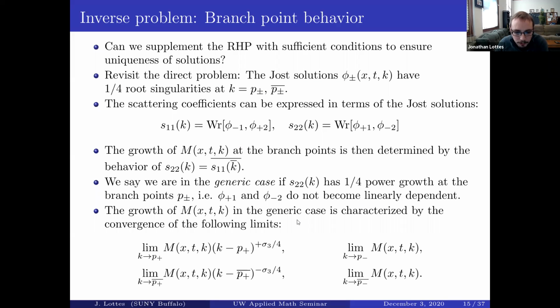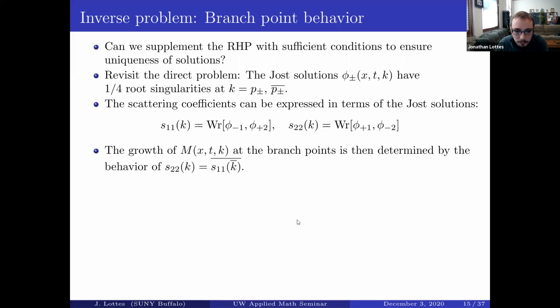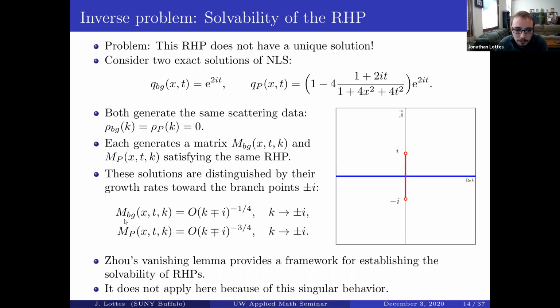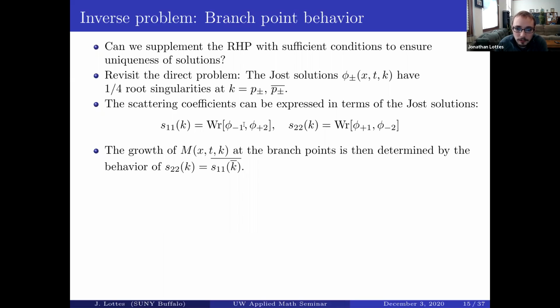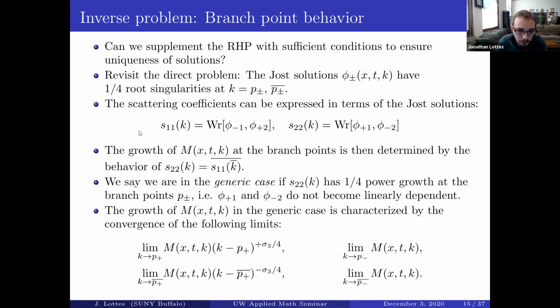And I'll just clarify real quick, back to the distinction between our background solution and the Peregrine solution, that's exactly what's going on here. In the background solution, the scattering coefficient does have the generic case 1/4 power blow up at the branch point, whereas in the Peregrine solution, there's a virtual level at that branch point, and there's some linear dependence between the eigenfunctions, and that's what gives this different growth.